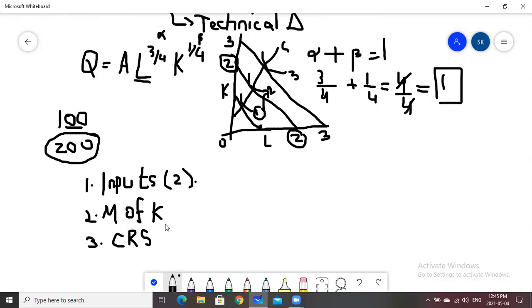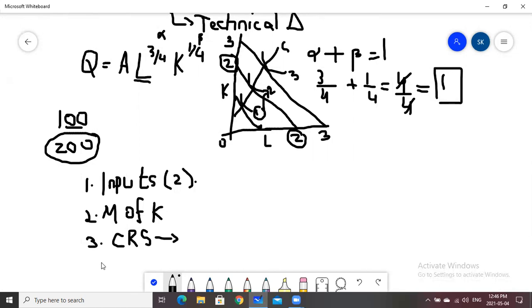So constant returns to scale does not always prevail. There can be other factors which restrict the supply of factors of production, and therefore it is not necessary that to produce 200 units of output, double of 100, the input should always be doubled.